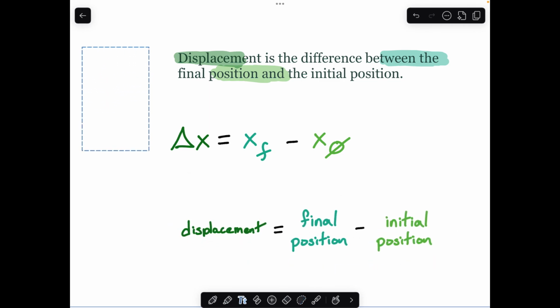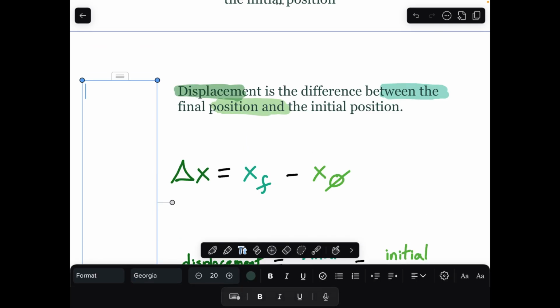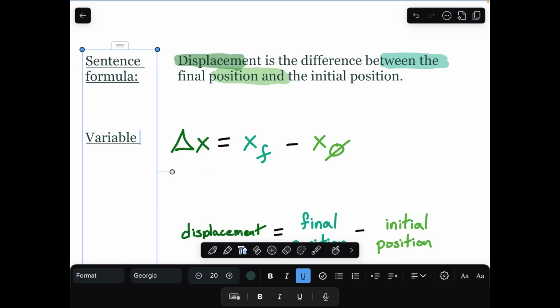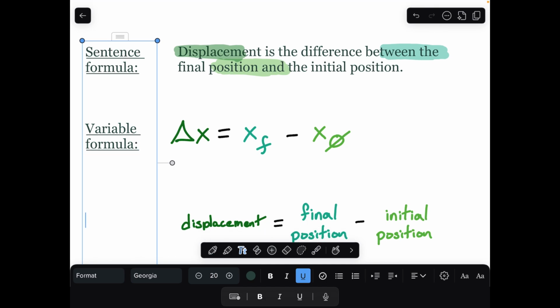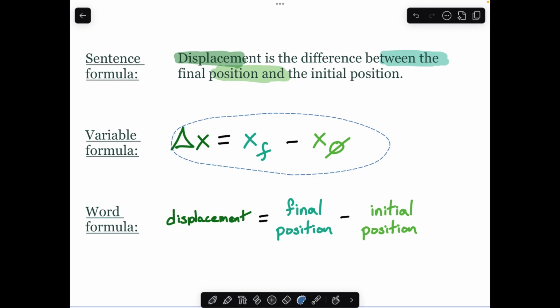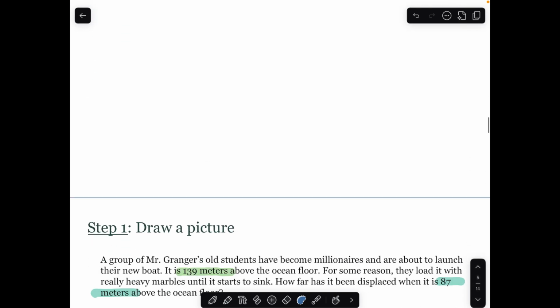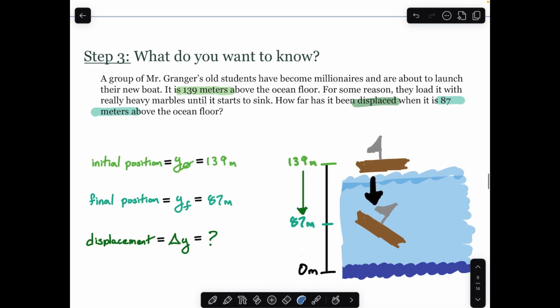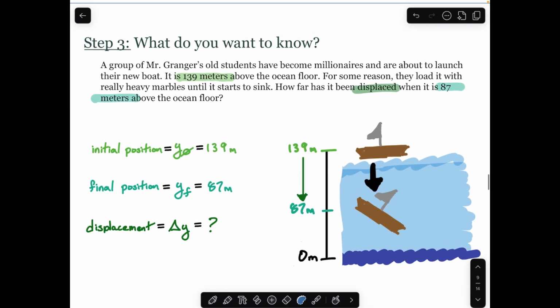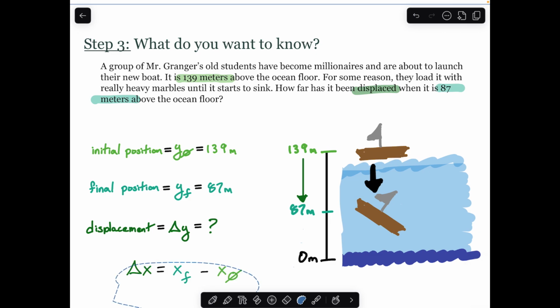So I would call this the sentence formula, the variable formula, and the word formula. Voila. So how is this relevant to our problem? Well, this gives us the formula that we are going to use to solve the problem.